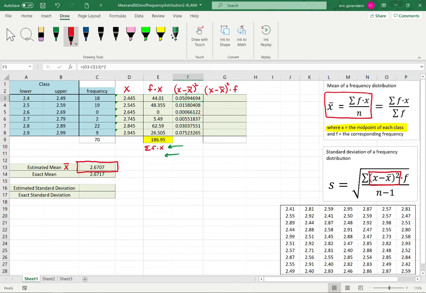So we basically want to take this number here and this number here and multiply them. That'll be the x minus x bar squared multiplied by the frequency. So if we look over here at the formula, we're now working on this step, times f.